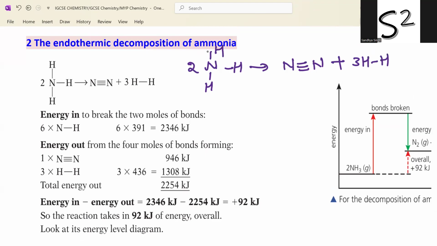See, how many bonds are there between nitrogen and hydrogen? 1, 2, 3, and because these are 2 moles, here there are 6 bonds between nitrogen and hydrogen.